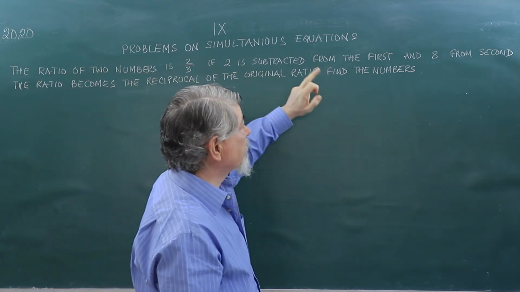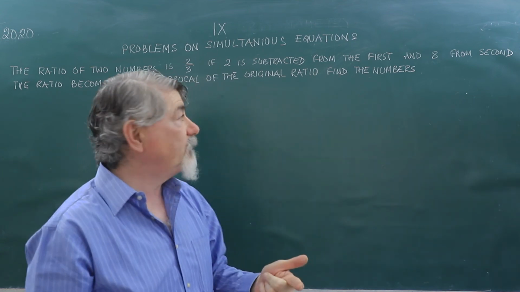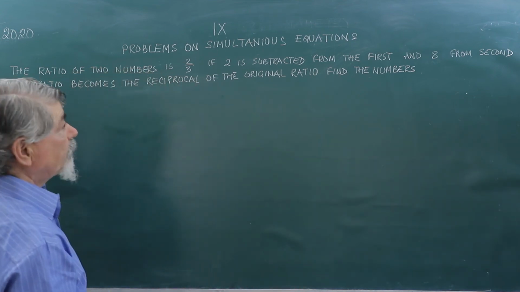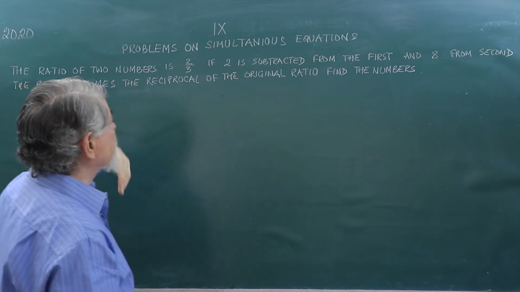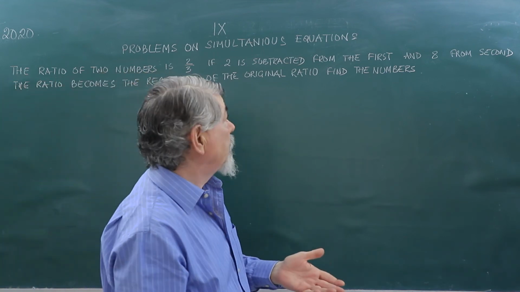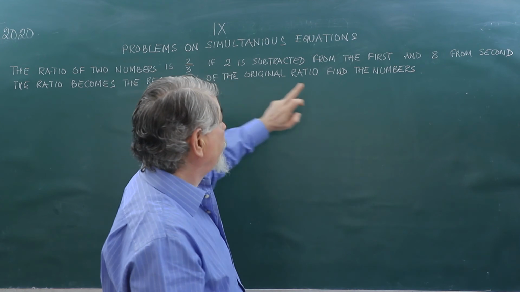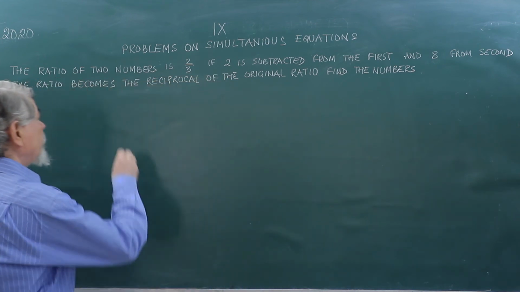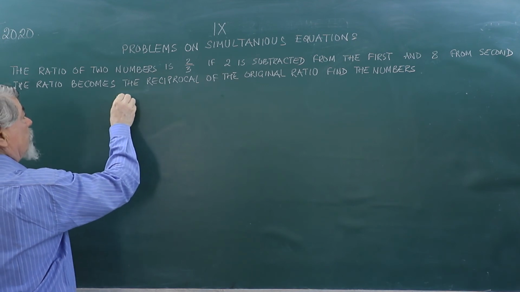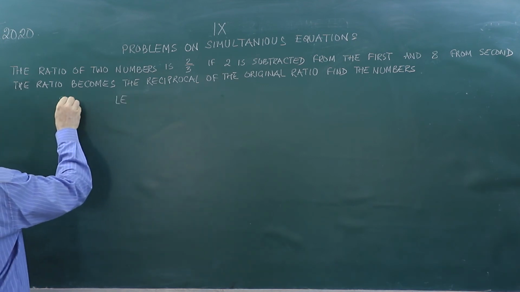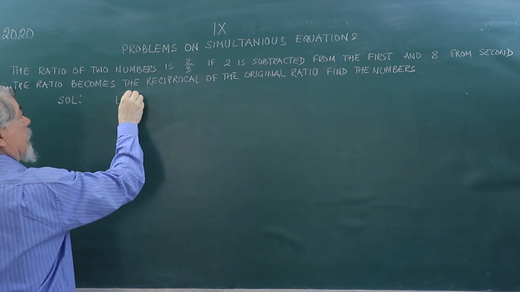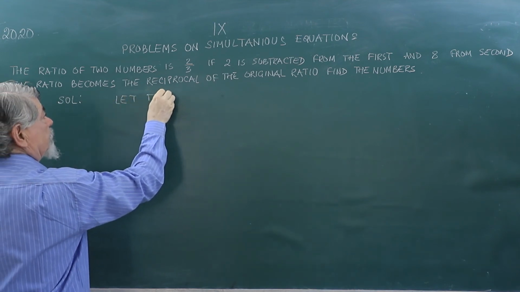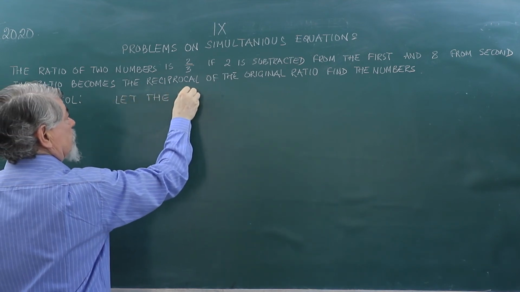If 2 is subtracted from the first and 8 from the second, the ratio becomes the reciprocal of the original ratio. Find the numbers. In these kinds of questions, what we do is we assume. Solution: let the numbers be x and y.